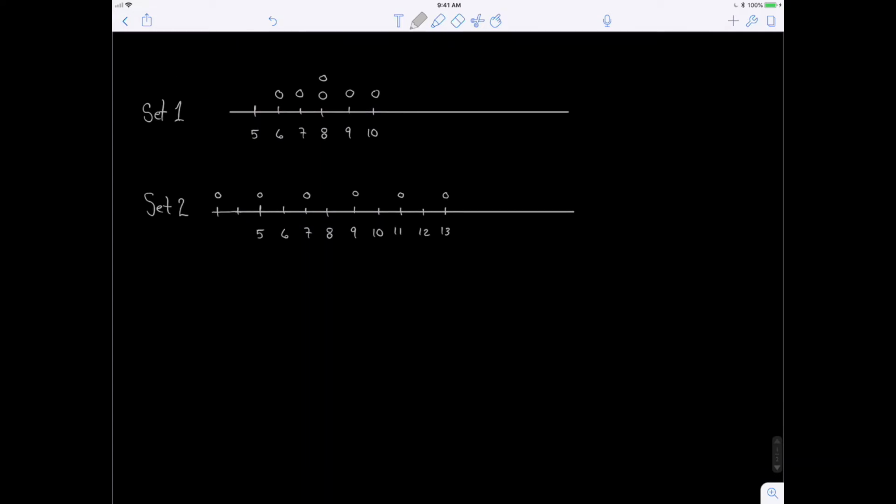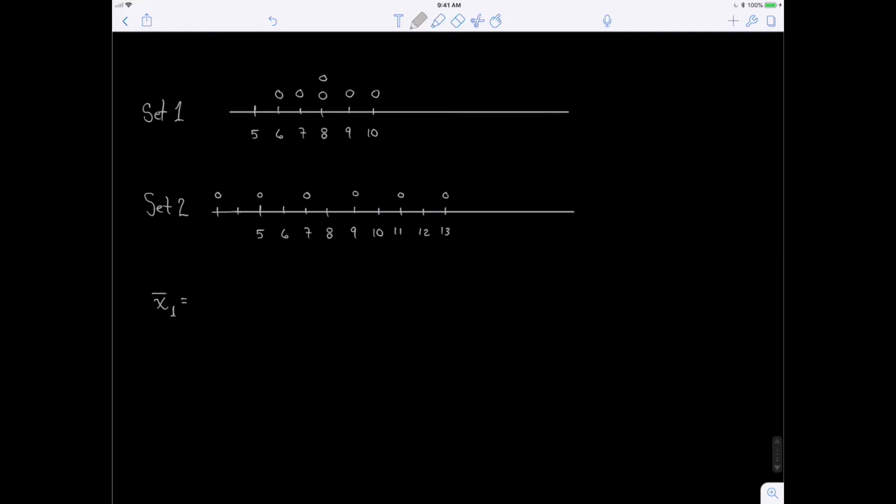So let's calculate the mean for each data set. I'll write x bar, and for set 1, I'll put a little 1 subscript, and then we'll do the same for set 2.